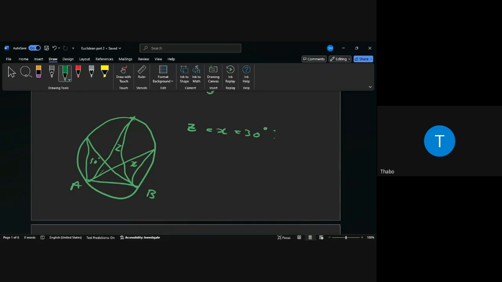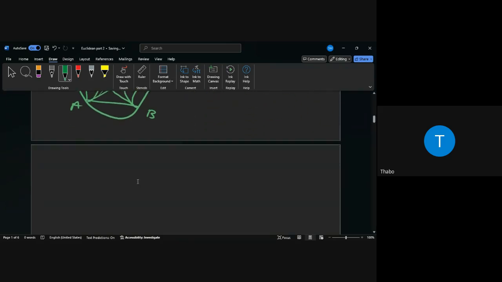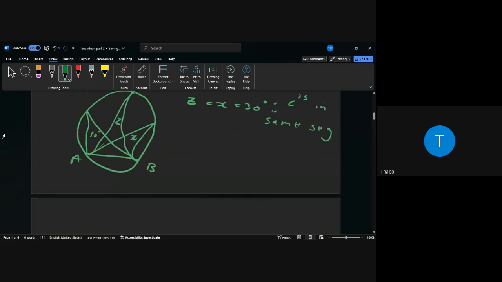So now, how do you reason this? I just wrote it up there, guys. Angles in the same segment. Angles in the same set. Okay, guys, so this one, are we all fine?